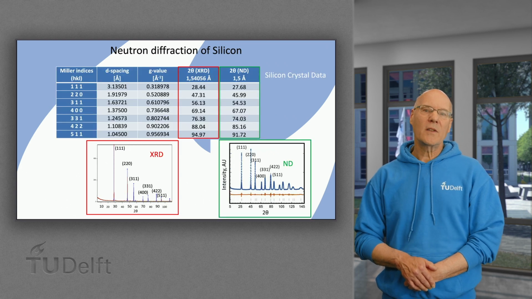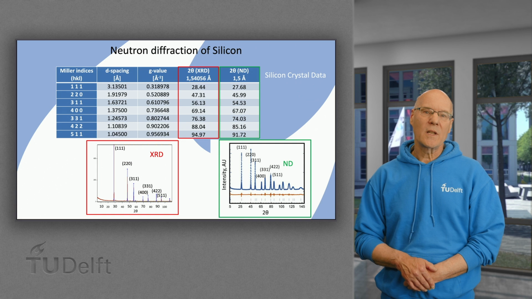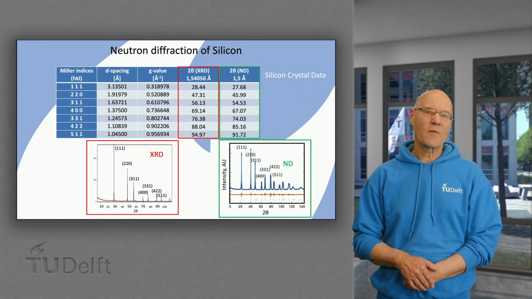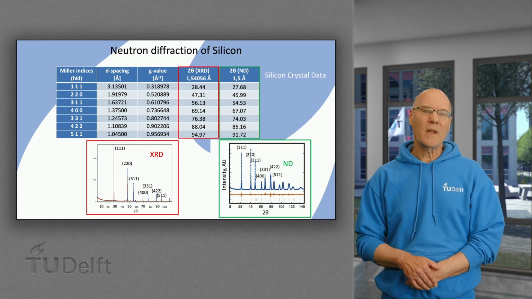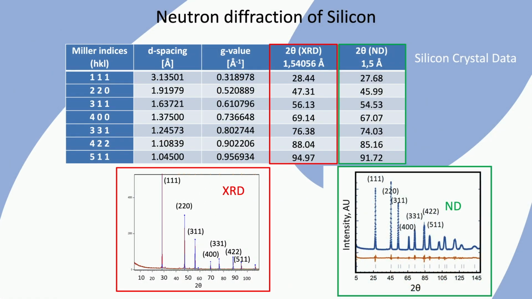In order to relate XRD and neutron diffraction, it is best to draw spectra as a function of d, the interplane distance or spacing, as defined by Bragg's law. Hence, that rules out the instrument parameter of the wavelength lambda. Here we will show you various lattice spacings via the HKL values of silicon, an interesting electrode material for lithium-ion batteries, for copper K alpha and a neutron wavelength of 1.5 angstrom.